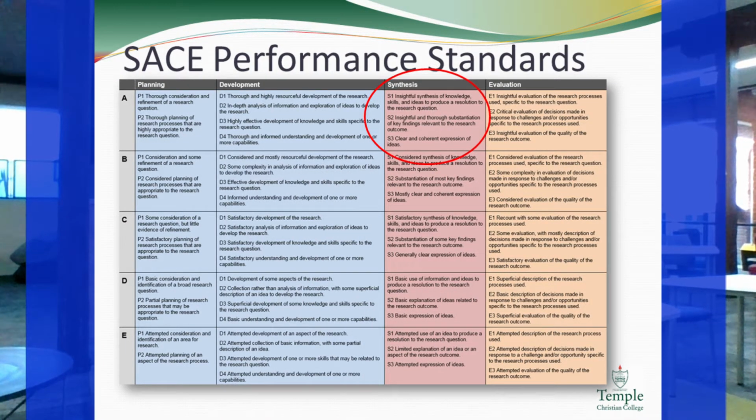Down the left-hand side, we have the A, B, C, D, E grades, and across the top for the A band, we're looking specifically at synthesis, S1, S2, and S3. They are the only things from this entire performance standard table that you are going to be assessed on for your outcome: S1, S2, and S3.